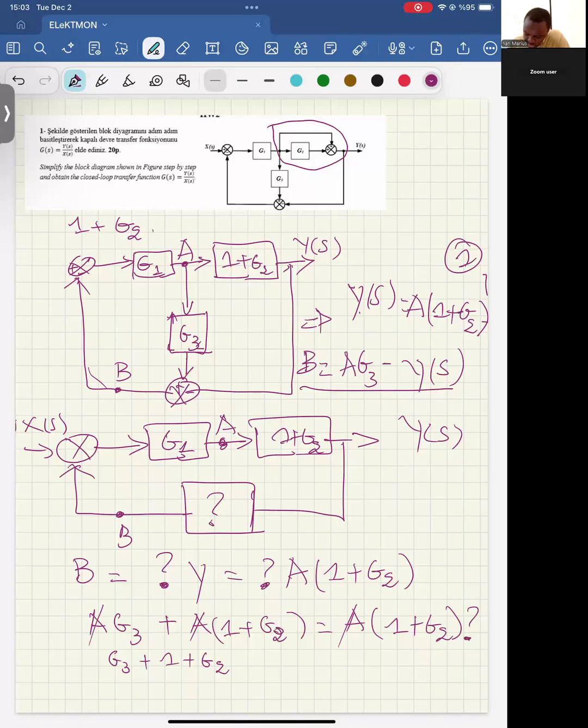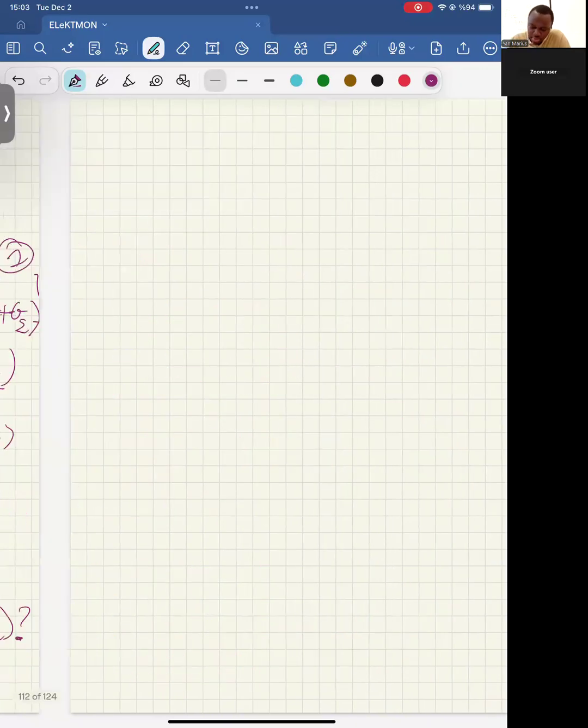Now here, let's check real quick. Minus here, go to A. What is the block here that we don't know in our block diagram?